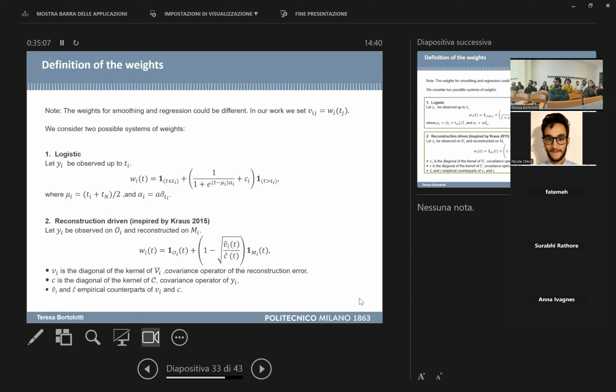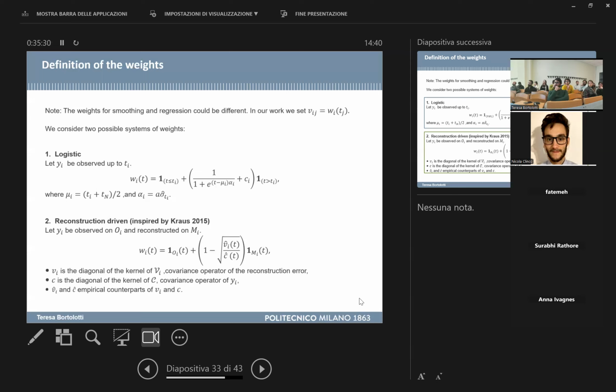This one here is the diagonal of the kernel of the reconstruction error covariance operator. This one is the diagonal of the kernel of the original covariance operator. This quantity then quantifies the reduction in uncertainty that you get through reconstruction.